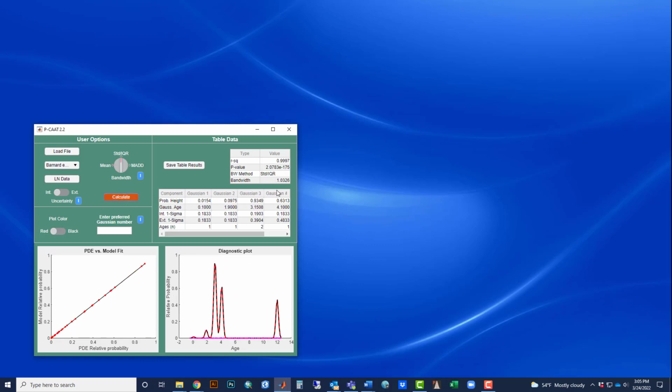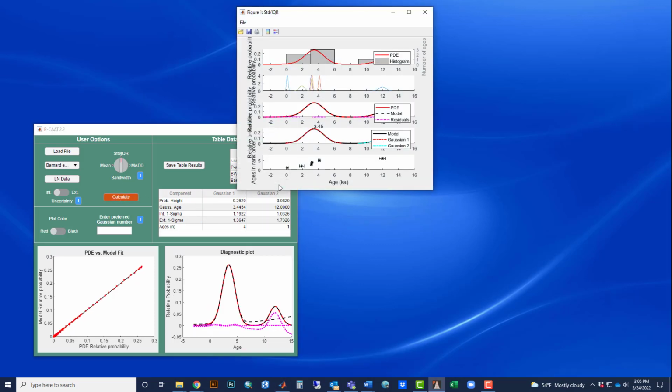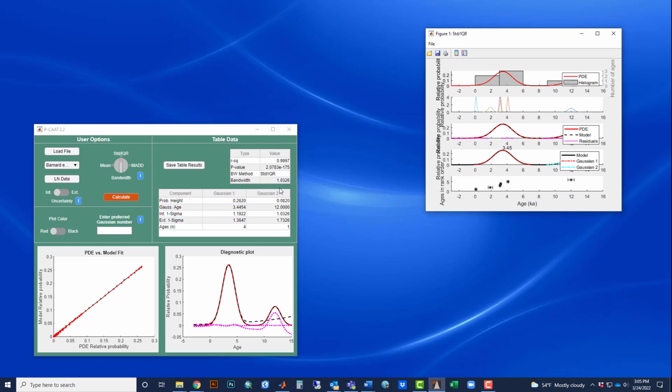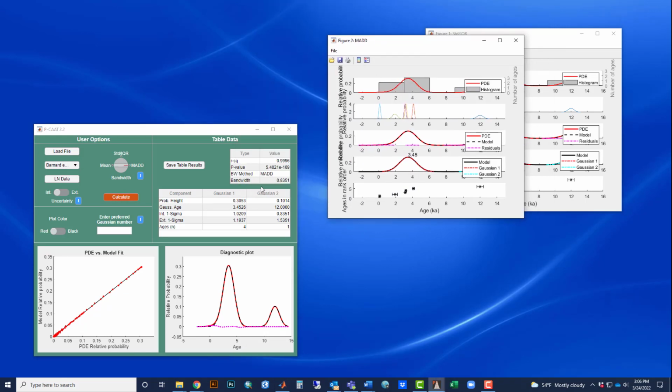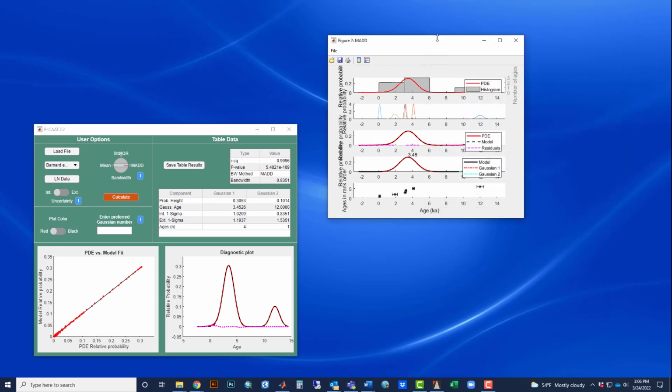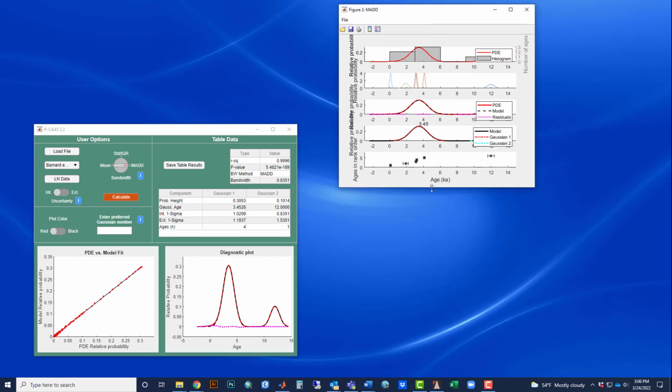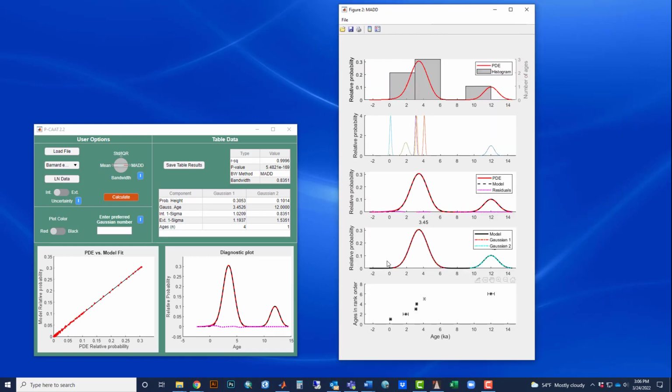So standard deviation, that gives us a bandwidth of 1.03, and MAD 0.8. So MAD gives us the smaller bandwidth with reasonable clustering.